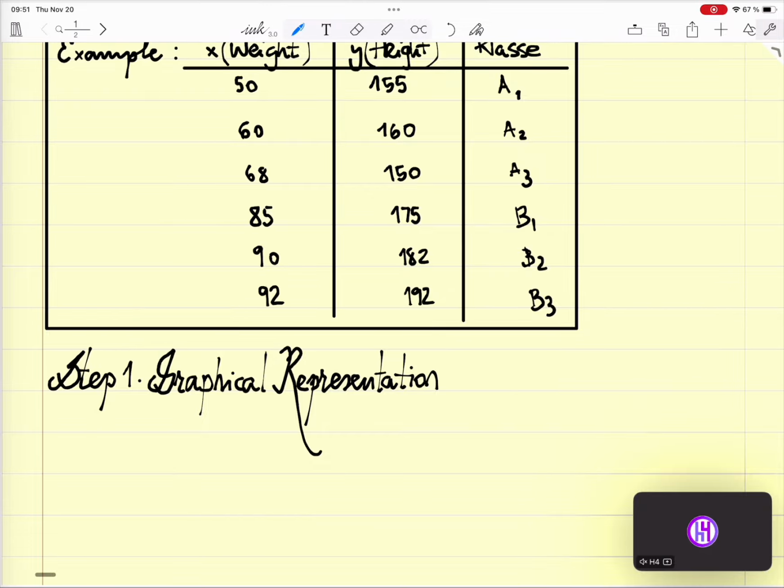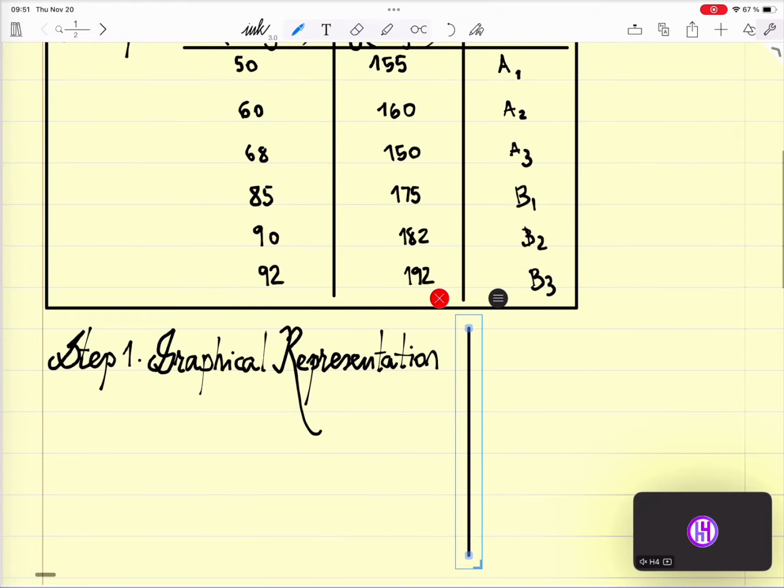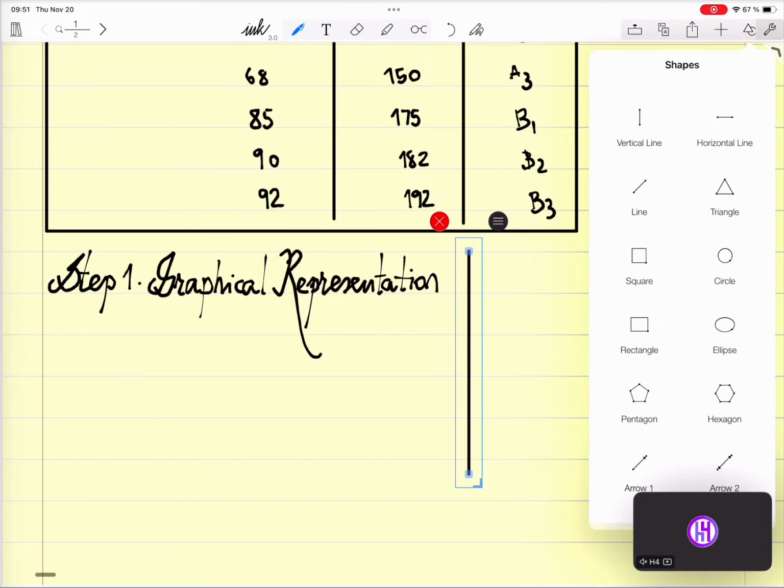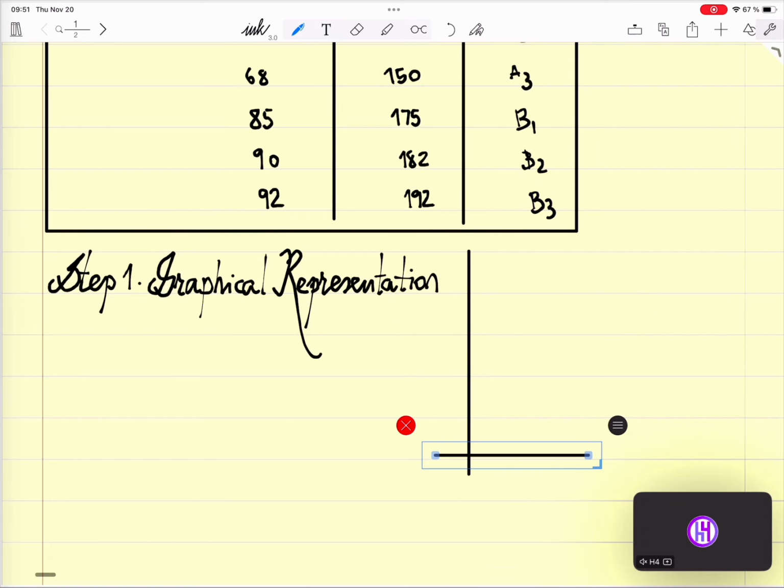So this is easy. Let me paint the space, the phase space here. I have the y-axis, I have the x-axis.